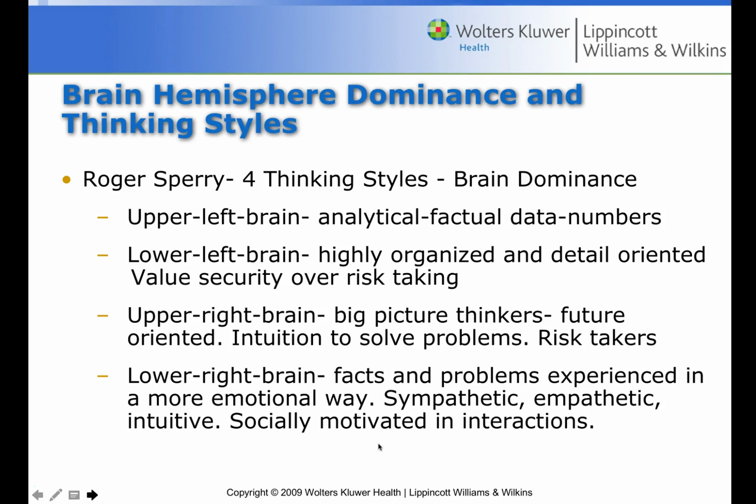I tend to be a lower right-brained thinker. If I'm overwhelmed, my go-to is to become emotional, to be overly sympathetic or empathetic with my audience, to trust my intuition. So that tends to make me not as critical thinking as I need to be, and I know that about myself.